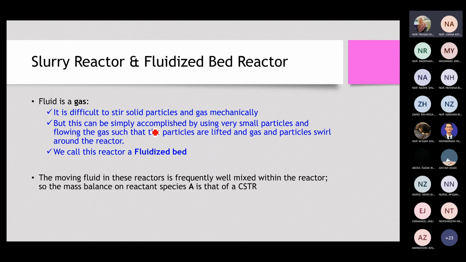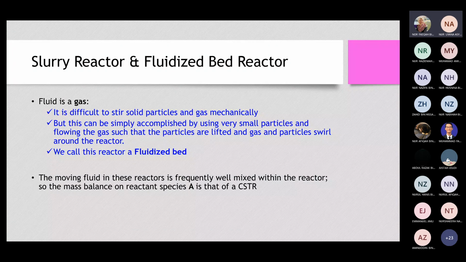But this can be simply accomplished by using very small particles and flowing the gas such that the particles are lifted and the gas and particles swirl around the reactor. So gas and solid catalyst will swirl around the reactor.